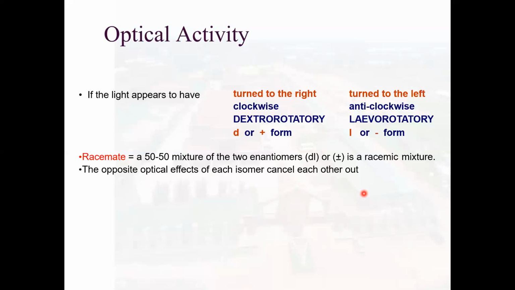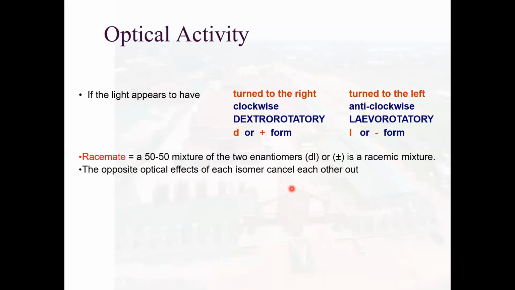Why? Because they have what we call a 50-50 mixture. And the implication of this is that the opposite optical effects of each isomer cancel each other out. That means the dextrorotatory part, that is the positive form, rotates the light to the right, while the negative form, which is the levorotatory, rotates the light to the left.